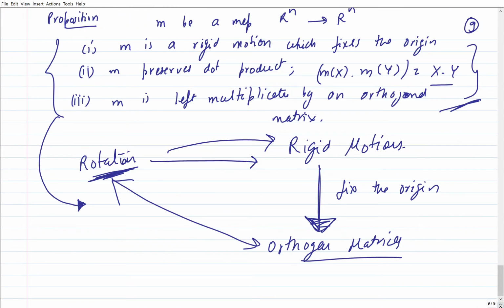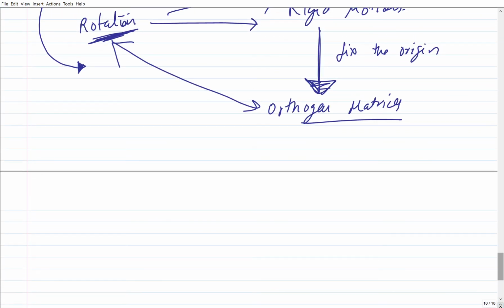The upshot is that rotations of R2 and R3 are basically rigid motions which fix the origin.